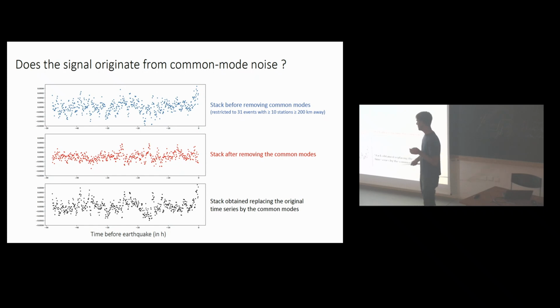Basically, what it tells us is that when you have a very, very small signal, it's really hard to extract it by trying to estimate the noise this way. You have the common mode, but you also have some random noise on top of it, and that's making the problem complicated. So could it be an artifact in the recalculation of the orbits?